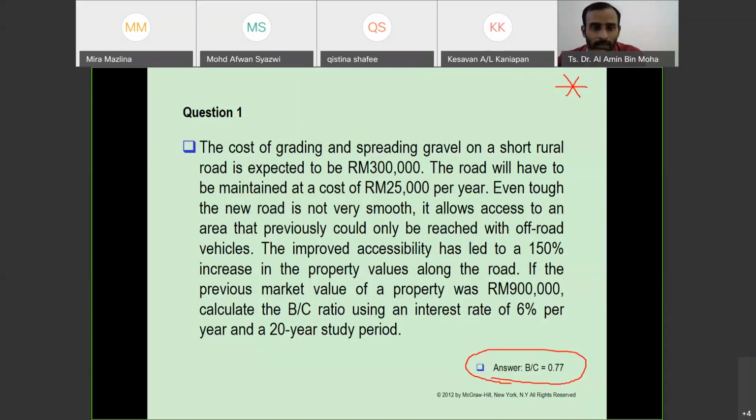The cost of grading and spreading gravel on a short rural road is expected to be 300,000. Please try to see if you can extract the information. So this 300,000 should be cost.